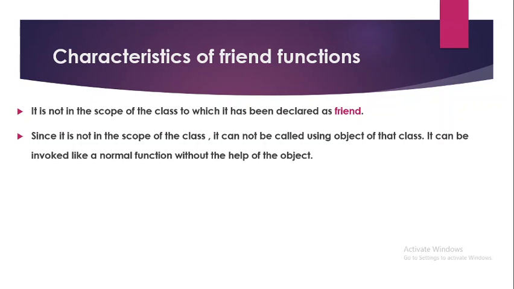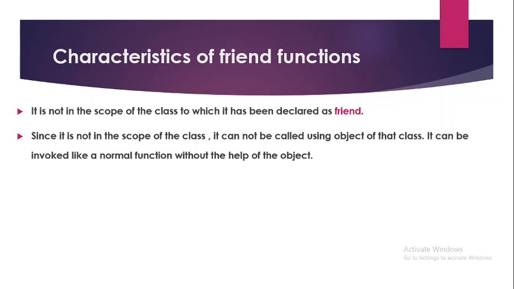So just as I said, friend functions are not in the scope of the class, or friend functions are not member functions of the class where they are declared as a friend. Usually, if we want to call a member function, it is compulsory to use the name of the object, the dot membership operator, and then the function name to call that method.